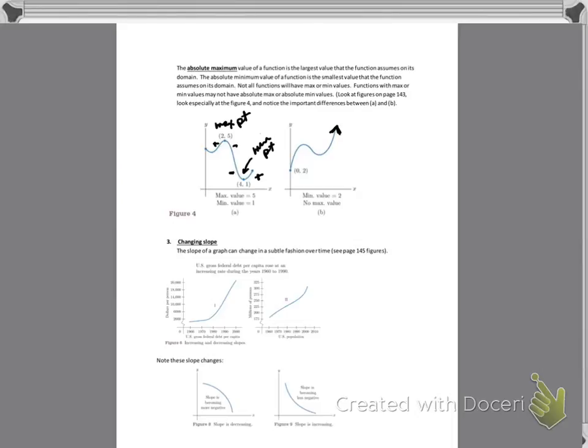All right, so the max point, because of the nature of this function, and I'm going to change my color, is going to be an absolute max point. And because of the nature of this function, 4, 1 will be an absolute min point.